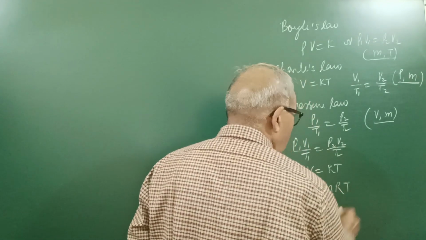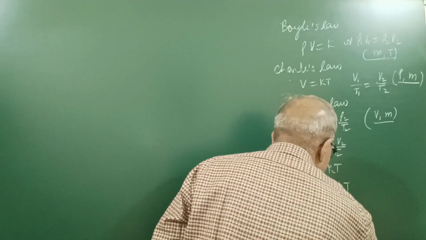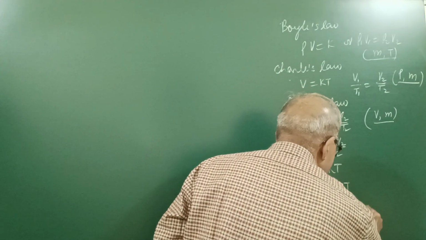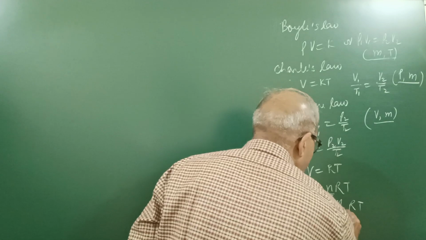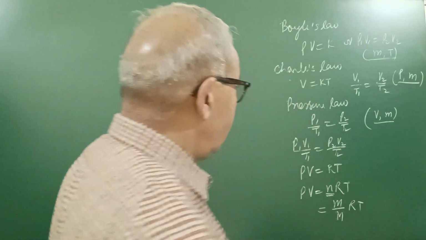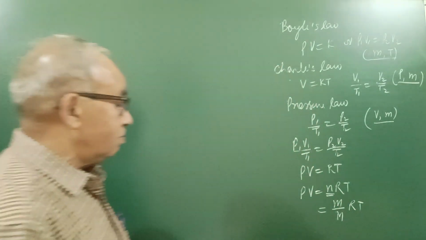Here n is the number of moles, or we can write m upon M, RT. Capital M is the gram molecular mass and small m is the mass of gas under consideration.